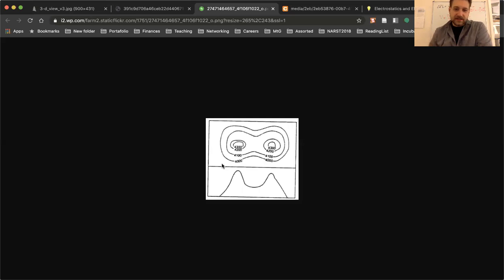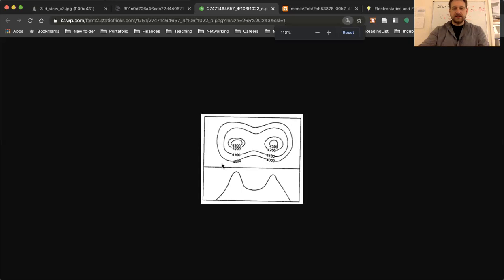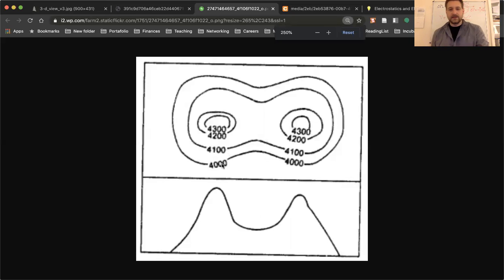Here's a different picture. Let me zoom in a little here. We're plotting elevation. And then here's a topographic view where we're keeping track of all the points that have the same elevation, all the points that have the same GH, all the points that have the same gravitational potential.